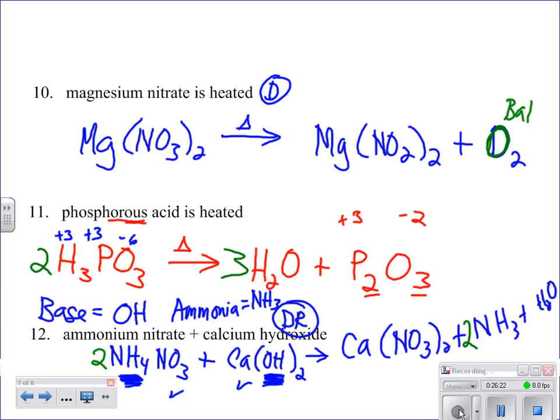Okay, let's see. We have 8 plus 2 is 10 hydrogens, and we have 6, 7, 8, 9, 10. Okay, let me check my oxygens. I've got 6 plus 2 is 8 oxygens. 6 plus 2 is 8 oxygens. So that should be it.